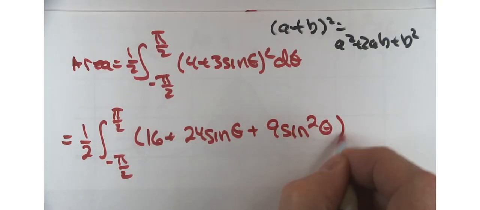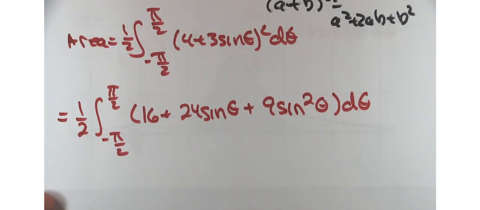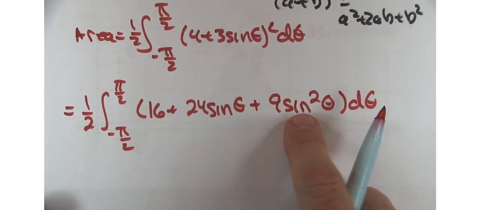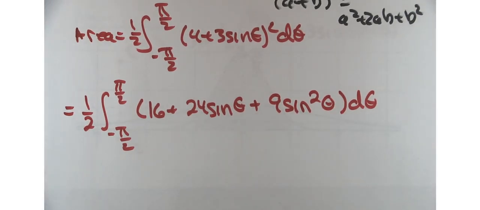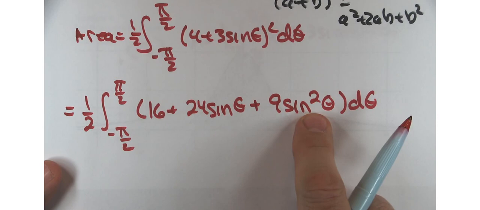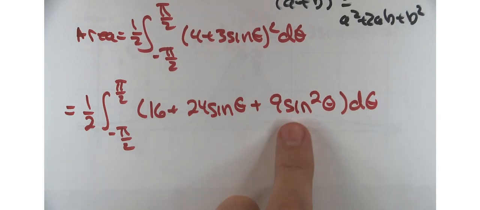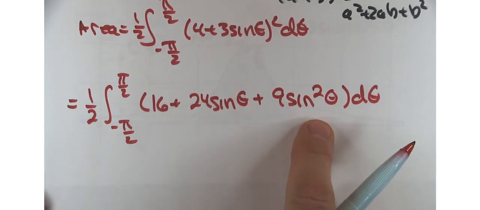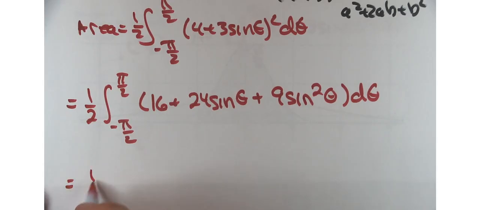Well done. d theta. Now, unfortunately, there are some formulas for it, but it's not something that I have memorized. What we're going to do is use that half angle formula again to work our way around having a sine squared. Sometimes they're called power reduction formulas because we go from a sine squared to a cosine.